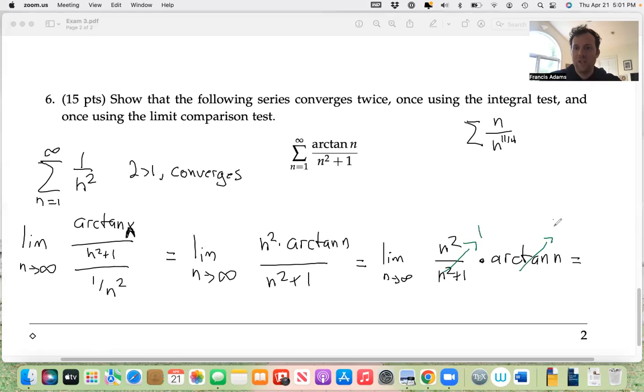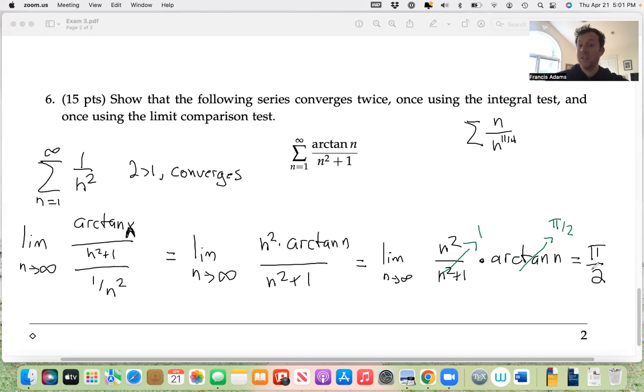And arctangent has an asymptote at pi over 2. So we don't really need to worry about arctangent because it levels off to some number on its own. So this is pi over 2. And then the fact that this is greater than 1 doesn't matter.